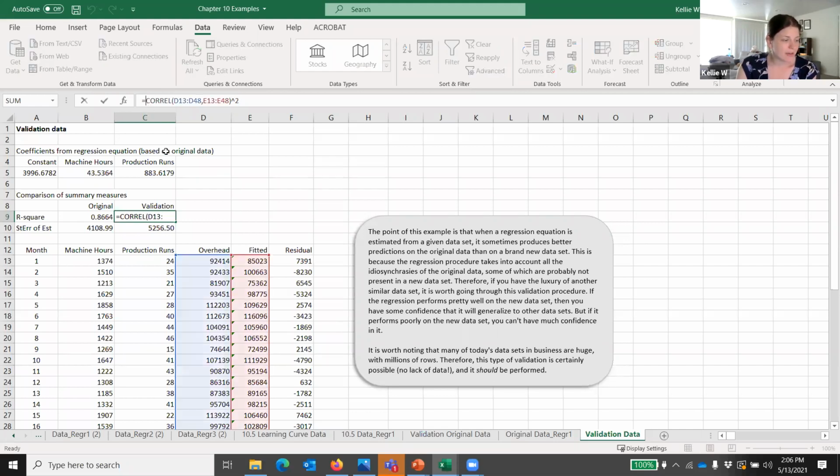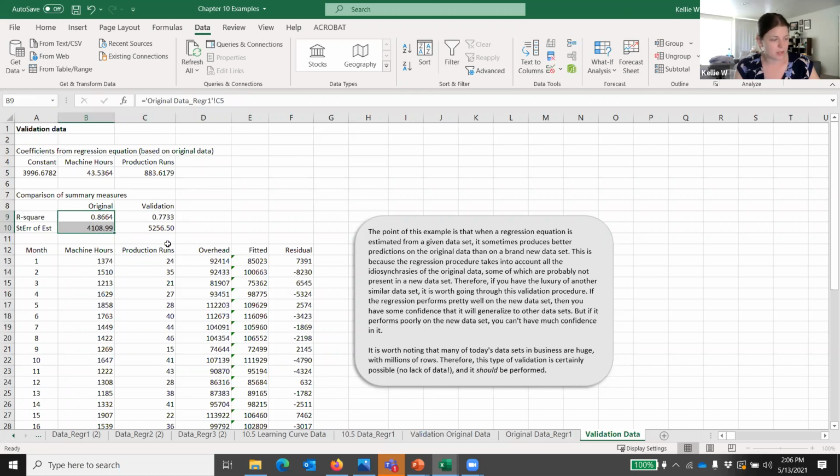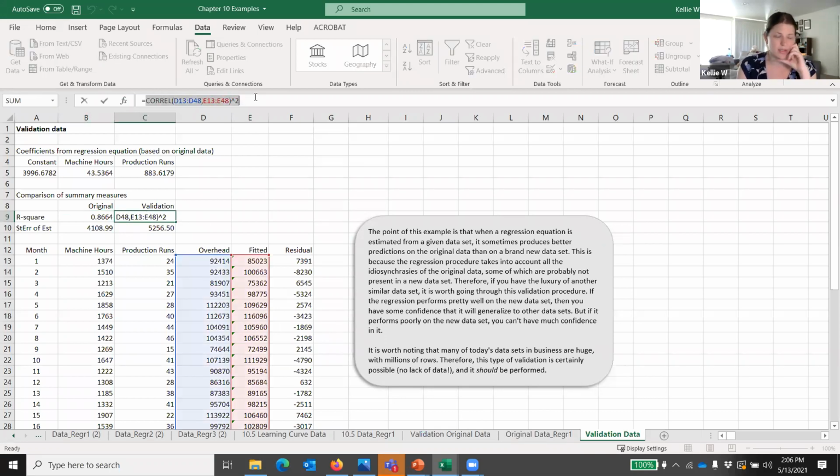To recalculate it, we're going to take the correlation of the predicted value and the fitted value. From our original equation, these were the original values, the standard error and the R squared. They just pulled them over from the original regression. And then when we calculate the new R squared, remember that R squared is the correlation squared.